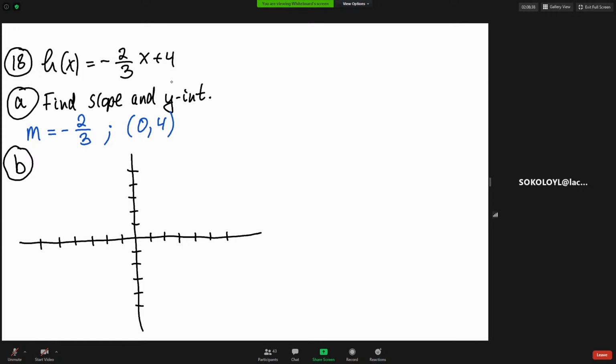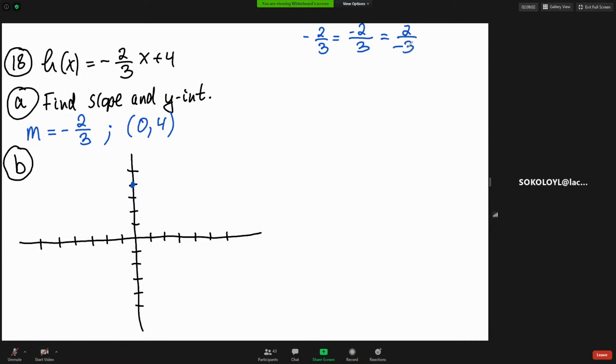So we would first plot the y-intercept, which in our case is 0, 4. So 1, 2, 3, 4 on the y-axis. And then we can use the slope, and we have a couple of options for the slope, right? If it's -2/3, that means I can either use -2/3, or I can use +2 over -3.